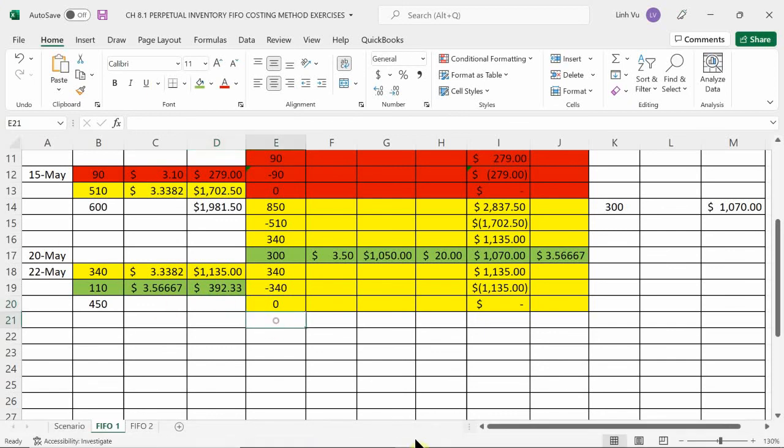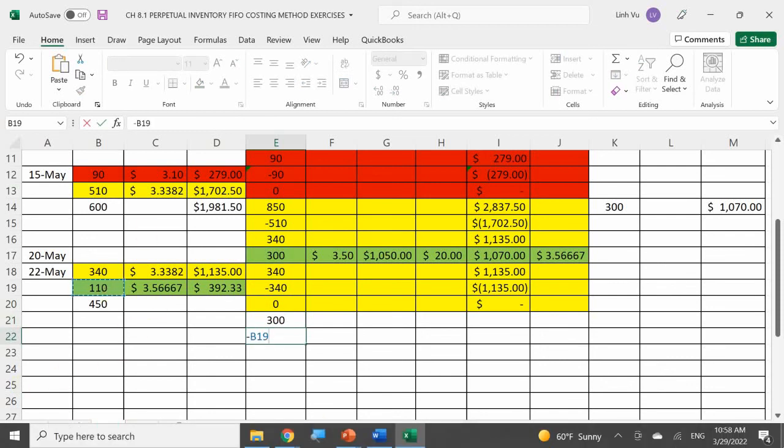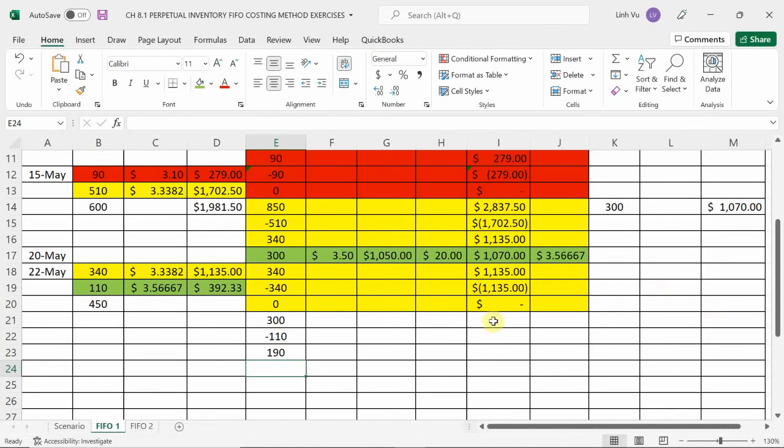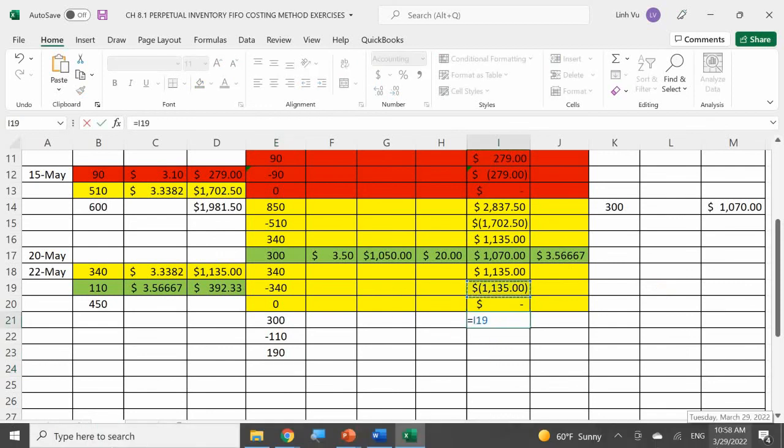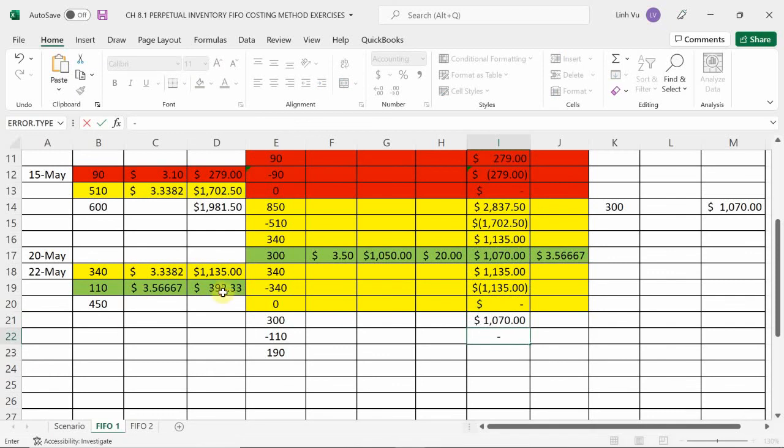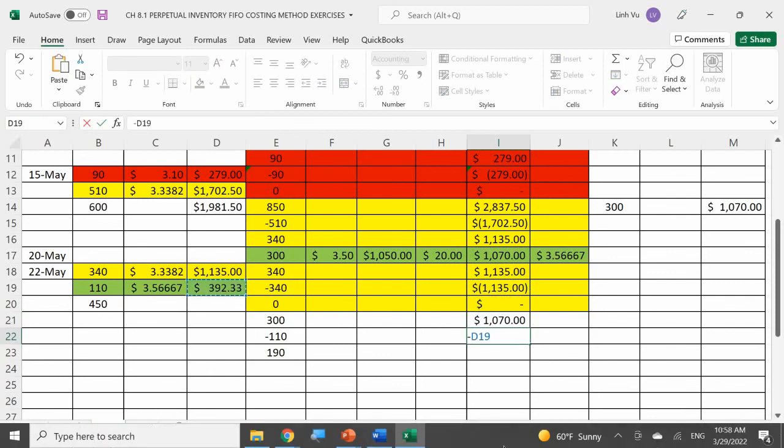So now that I got rid of that, right, I'm going to carry my value. So 300, right? And I sold 110 of those items. So therefore, that should give me a total of 190 units left. Right now I'm at 1070 and I need to subtract out 392.33. Okay.